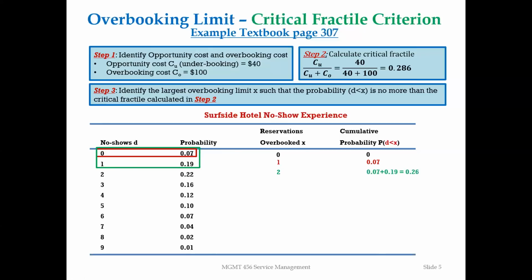Now we ask: does 0.26 exceed the critical fractile calculated in step 2, which is 0.286? The answer is no. If the answer is no, we continue. We try the next overbooking limit, which is 3.